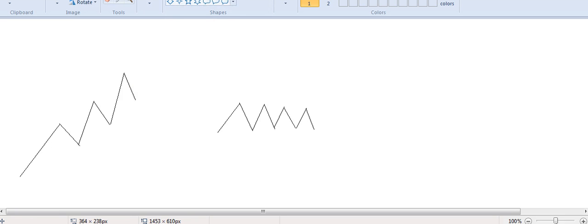So right here we have a wave that represents a trending market, and over here is a wave that represents a trading market or ranging. So the market's moving up, and then we have an area of resistance. So it bounces, a bumper.